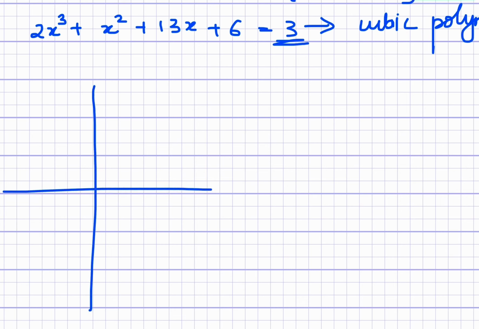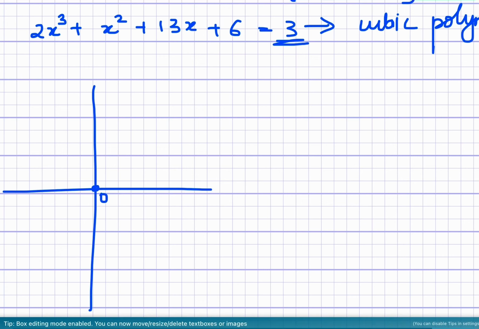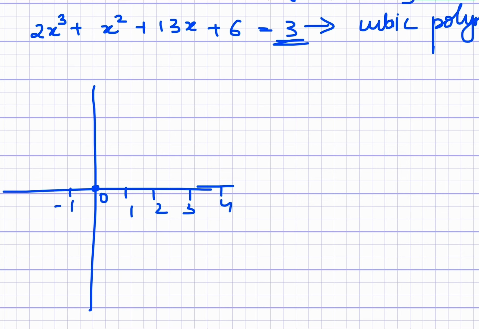As usual, we can mark 0, 1, 2, 3, 4, and here minus 1, minus 2, minus 3, and so on. The number of points where the graph cuts the x-axis will be the zeros of the polynomial. Here it cuts at only one point, so we have only 1 zero. So it is the linear one.